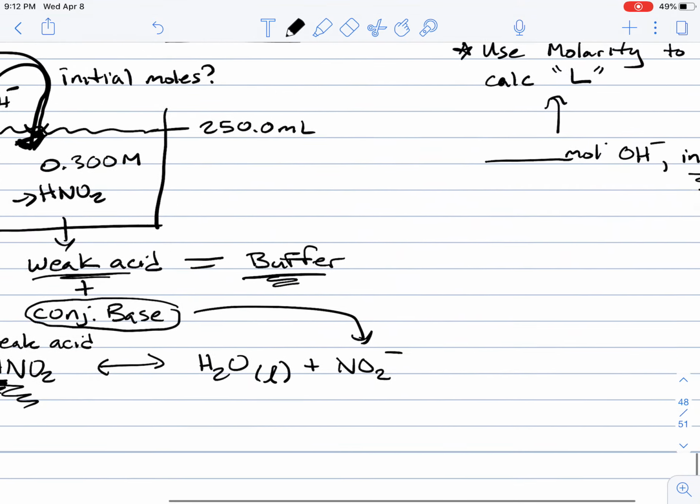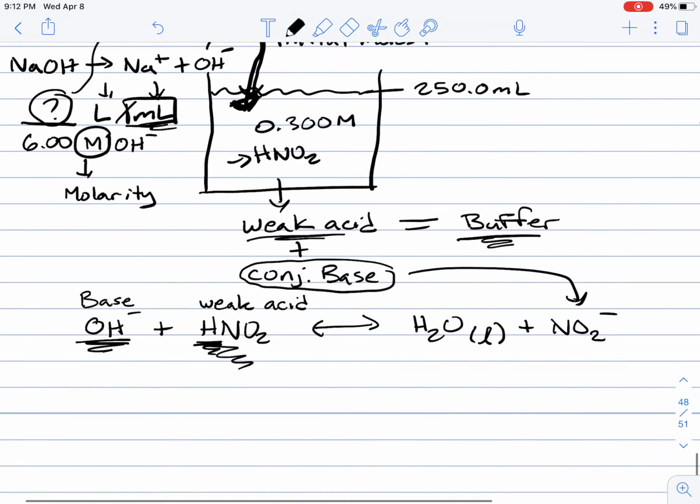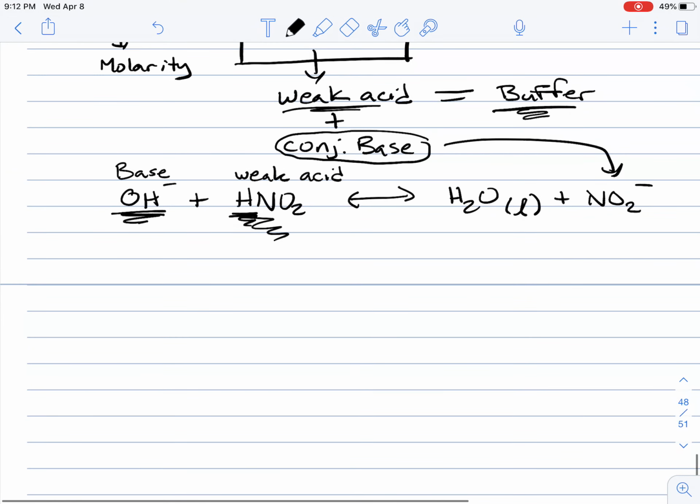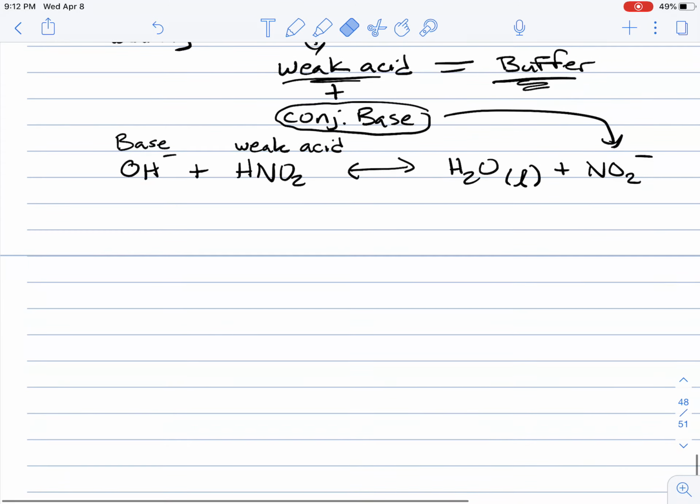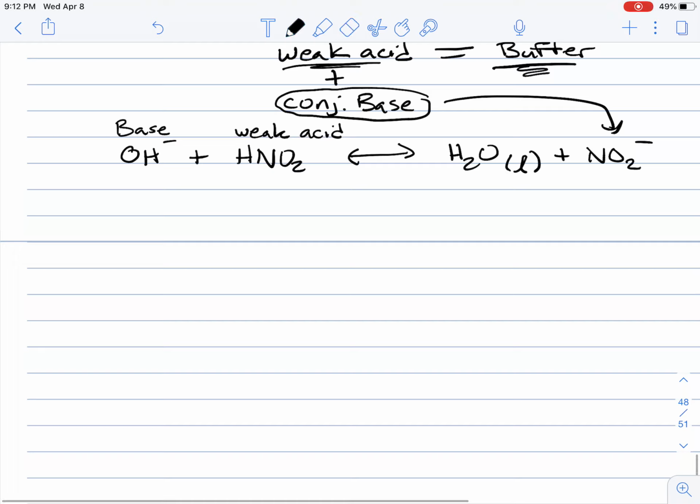And since I've mentioned initial, that should invite a very familiar friend that we've hopefully grown accustomed to this semester, and that's the ICE table.